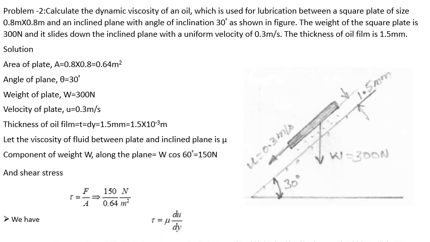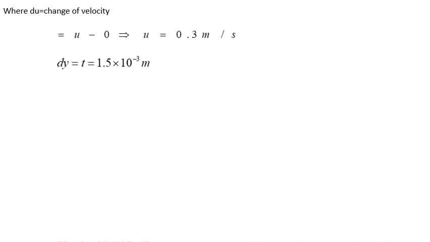One more expression for shear stress is equal to mu into rate of shear strain, that is du by dy, where du is the change of velocity, equal to 0.3 meter per second, and dy is the thickness of the oil film, t, equal to 1.5 into 10 to the power minus 3 meter.